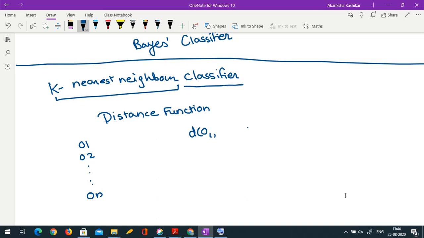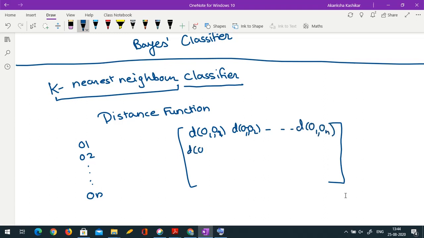So basically I can compute a distance matrix where the first row is distance O1 O1, O1 O2 up to O1 ON. The second row is O2 O1, then O2 O2 up to O2 ON, and so on.